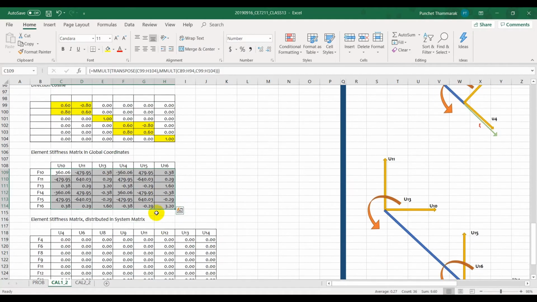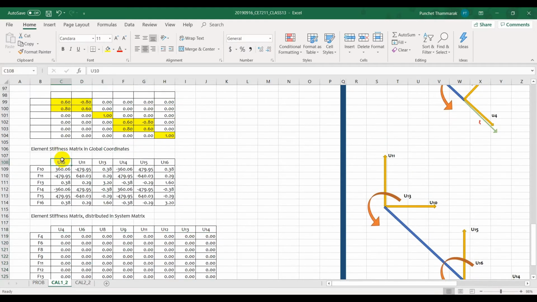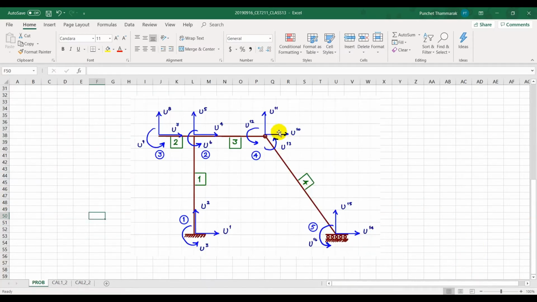We get this. Now we will bring this matrix into a blank matrix of which the size is the same as the system matrix. So we have U10. Basically the U10 is actually U4, right? Horizontal displacement. I just mentioned before that U7, U4, and U10 are identical, so we're going to keep only U4 and make U7 be U4 and U10 be U4.